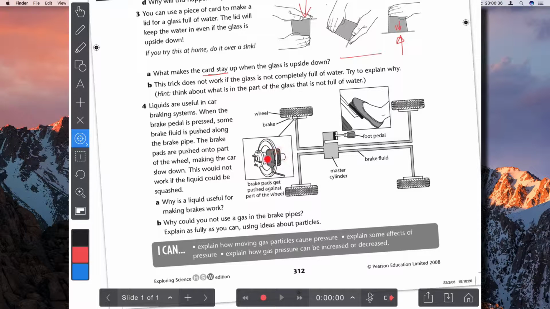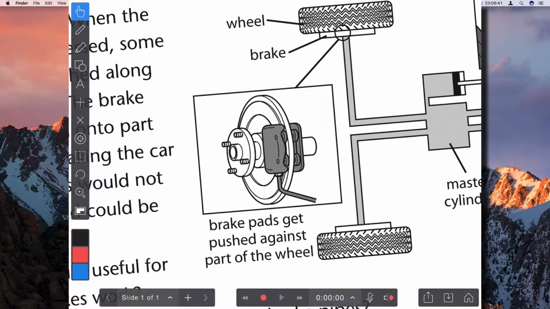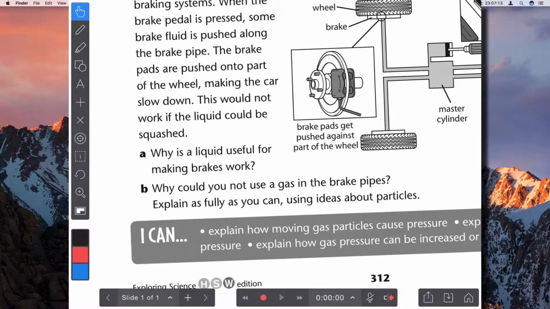If you look here, you've got the brake fluid coming through here, pressing against these brake pads, which push against the cylinder. The cylinder is attached to the wheel, so that stops the car.